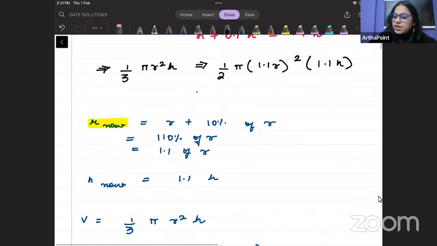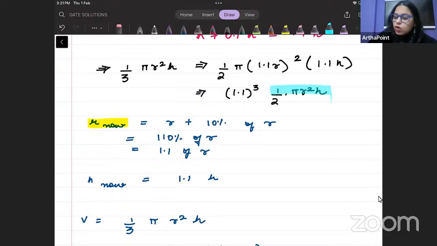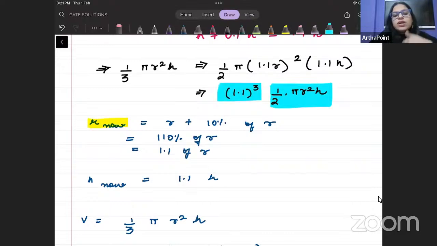So if I plug in the formula here, I will get 1.1 to the power 3 times 1 by 3 pi r square h. But this is your original volume, when r was the radius and h the height. And this is your new volume. So new volume is how many times the original volume?